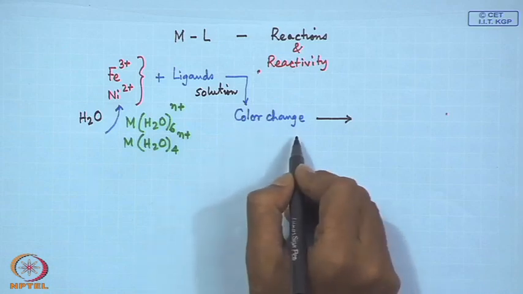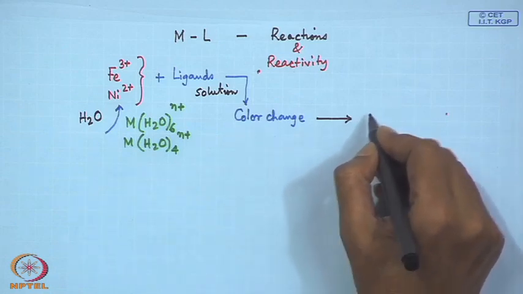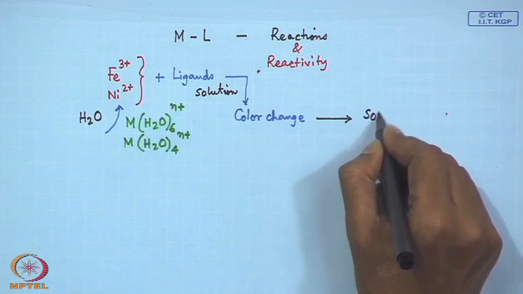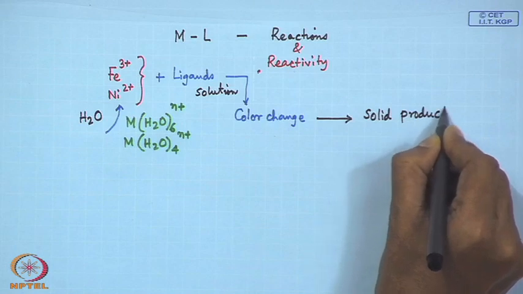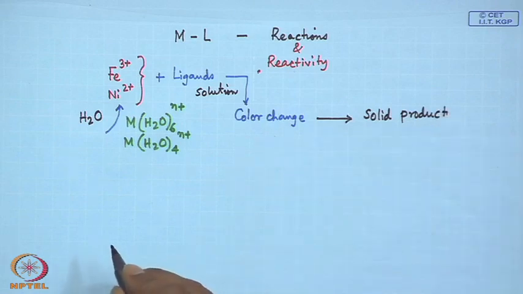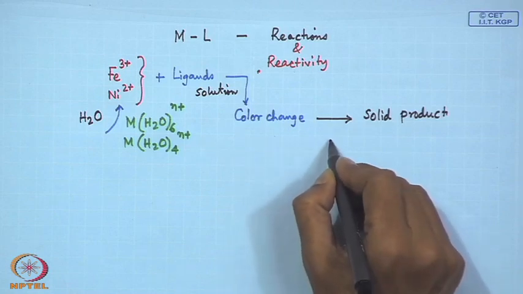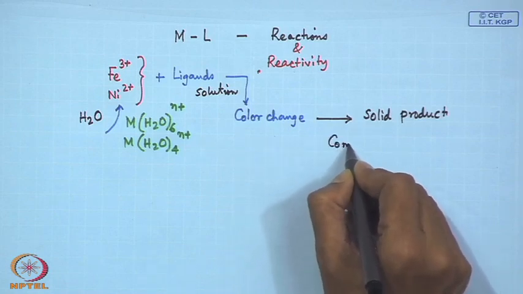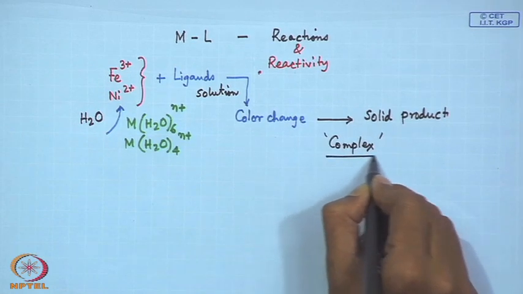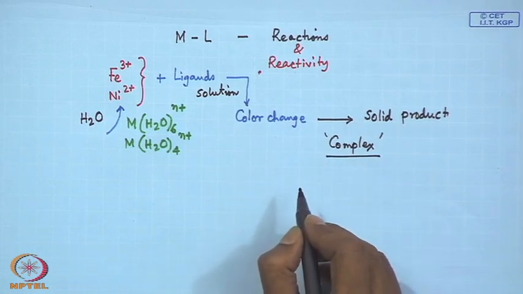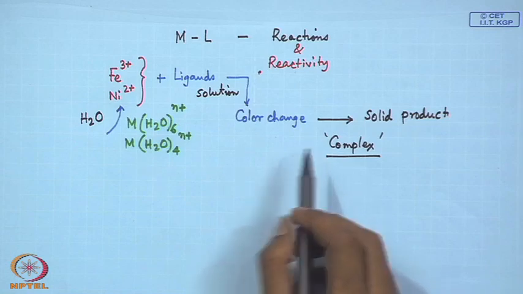In that particular case, if we add the aqueous solution of the metal salt, there will be a color change, and after some processing of that solution we ultimately get the solid product. So, we have in our hand the solid product and we can analyze everything. We know the nature of the complex if we find out the X-ray structure, and we can use all other spectroscopic properties to characterize that particular metal complex.